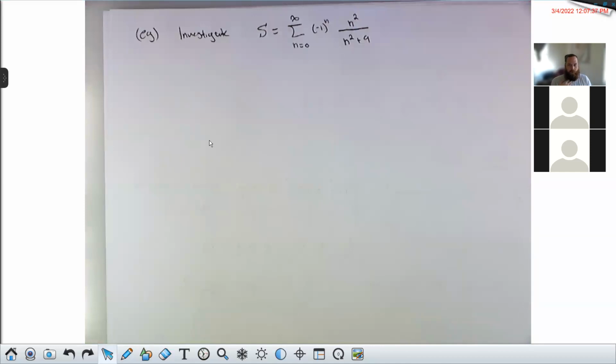Here's an alternating series: n squared divided by n squared plus 9. Oh, yeah, we can go back for a second.